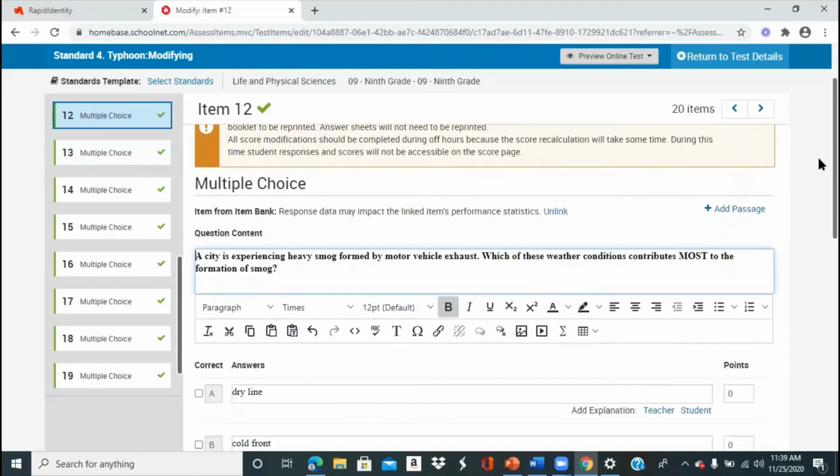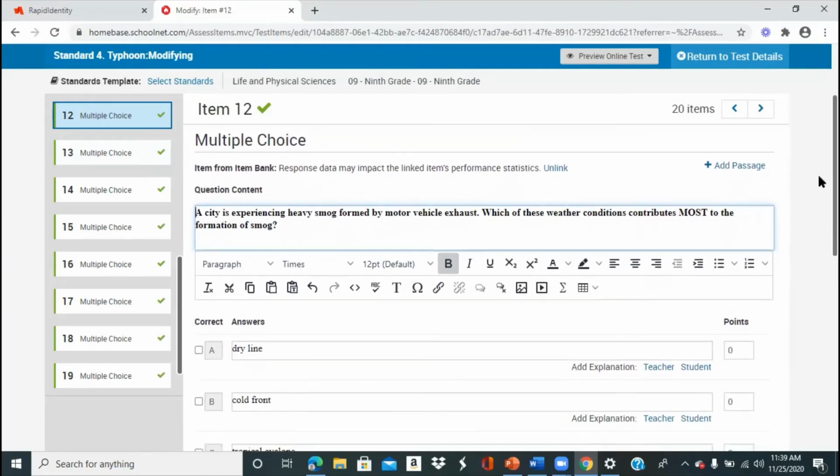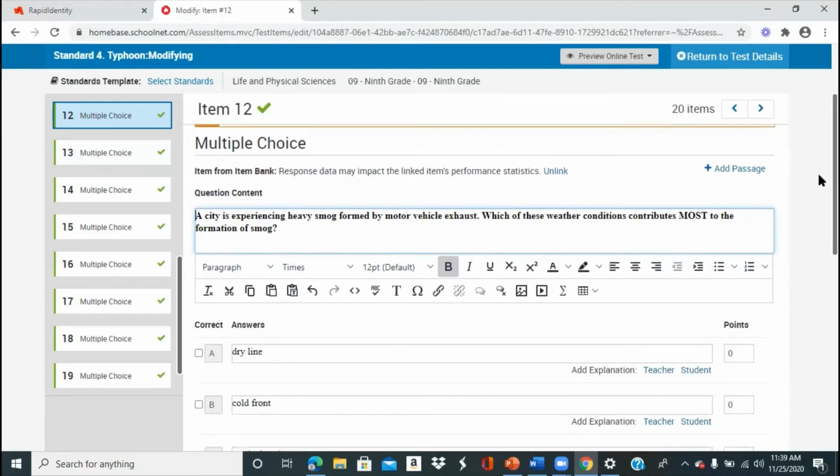A city is experiencing heavy smog formed by motor vehicle exhaust. Which of these weather conditions contributes most to the formation of smog? We know smog is smoke and fog together.